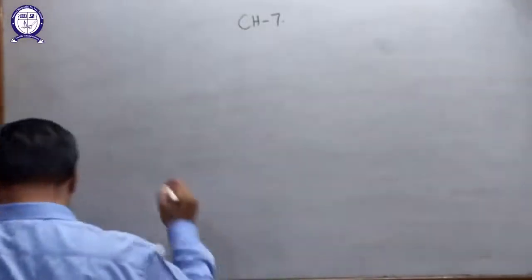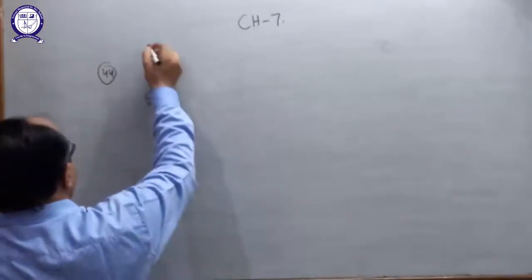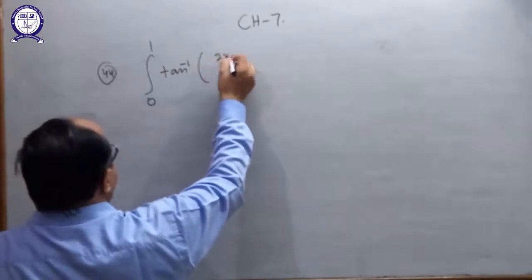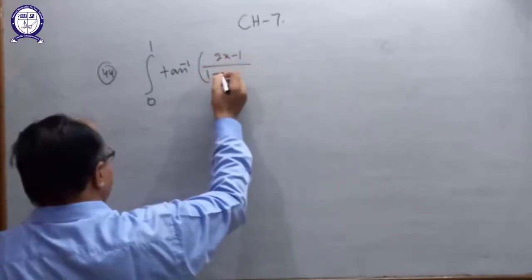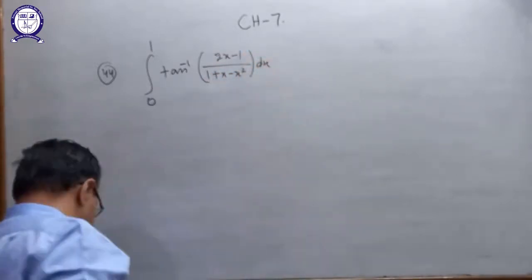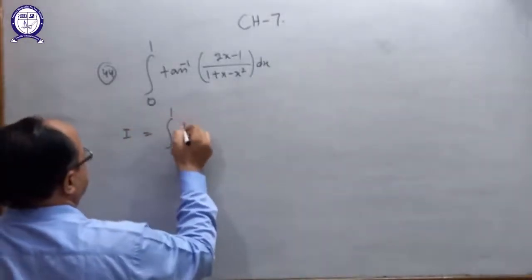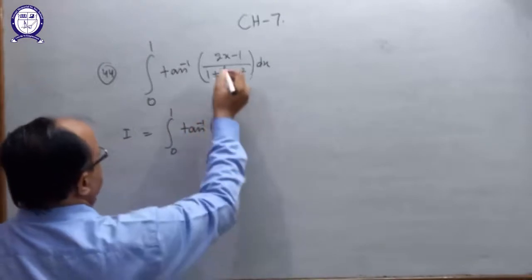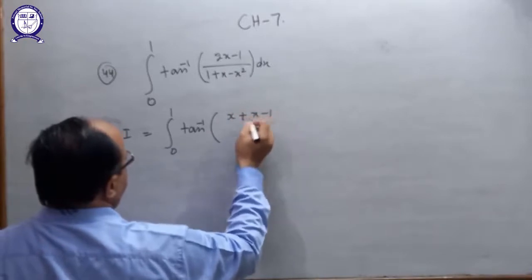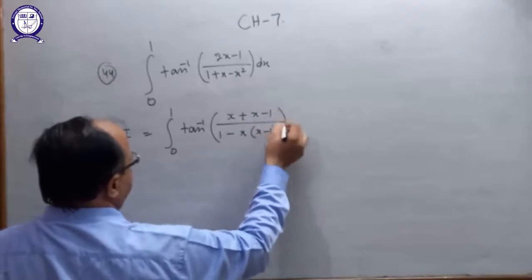Question number 44. Integration 0 to 1 tan inverse of (2x minus 1) upon (1 plus x minus x square) dx. You can write it as integration 0 to 1 tan inverse of (x plus (x minus 1)) upon (1 minus x into (x minus 1)).